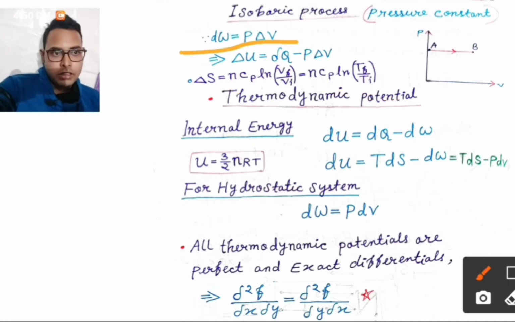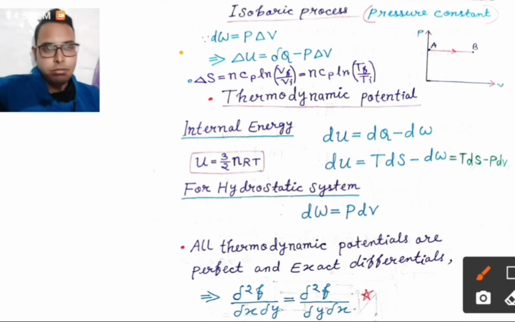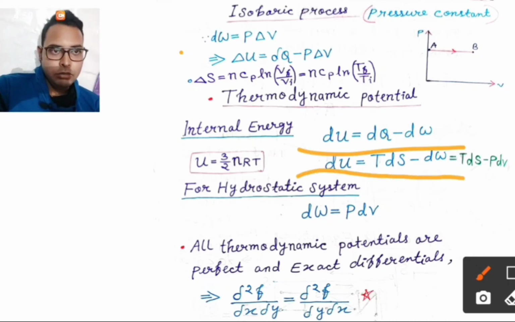And I have said earlier that in thermodynamics there are thermodynamic potentials like internal energy and Gibbs potential, right? And what is internal energy? From the first law of thermodynamics we can see that dU is equal to dQ minus dW, and from the entropy relation we can also write dU is equal to TdS minus dW, also written as TdS minus PdV.